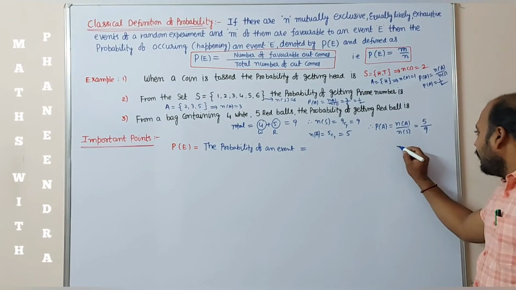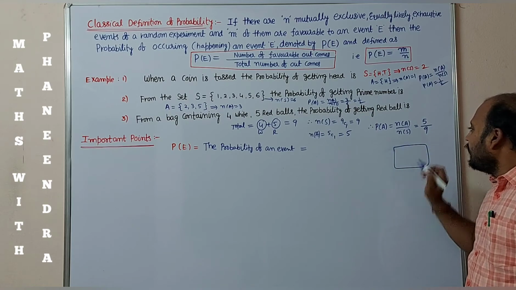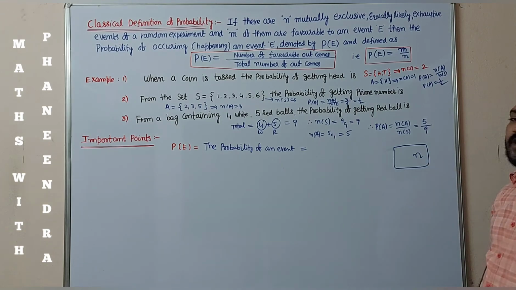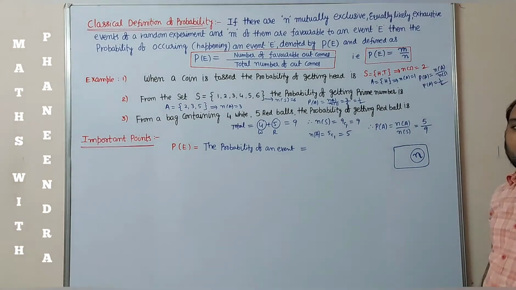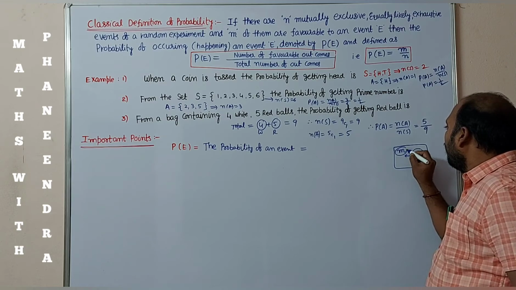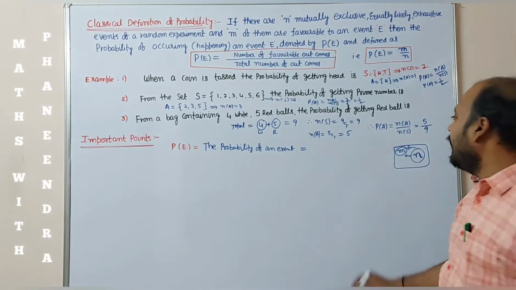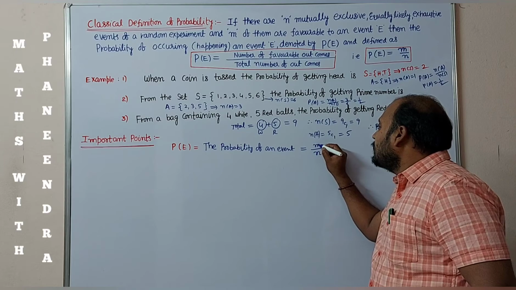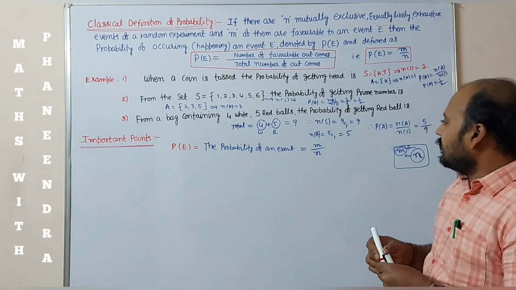In an experiment, total n things are there, and out of n things, m are favorable. So the probability of the event is m by n.